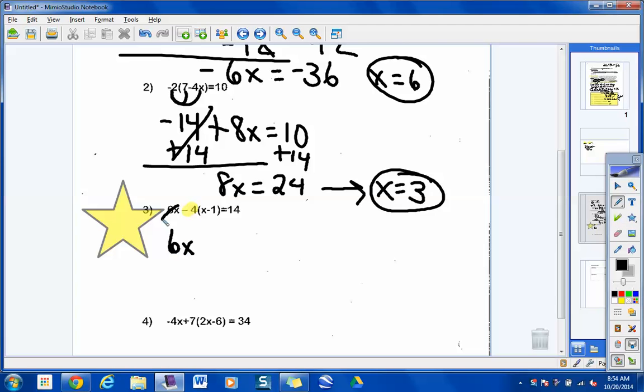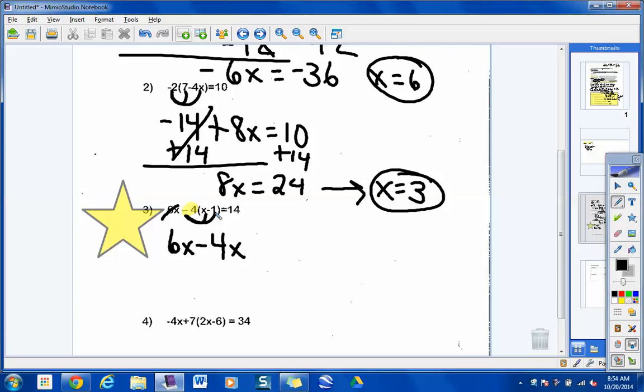Now, I've brought that down. For the rest of the problem right here, I have to distribute negative 4 to that quantity x minus 1, don't I? Yes. So how about the negative 4 times the x? What's that going to get you? Negative 4x. So after the 6x, what am I going to write, Taryn? Minus. Good. Then I also need to distribute that negative 4 to a negative 1.